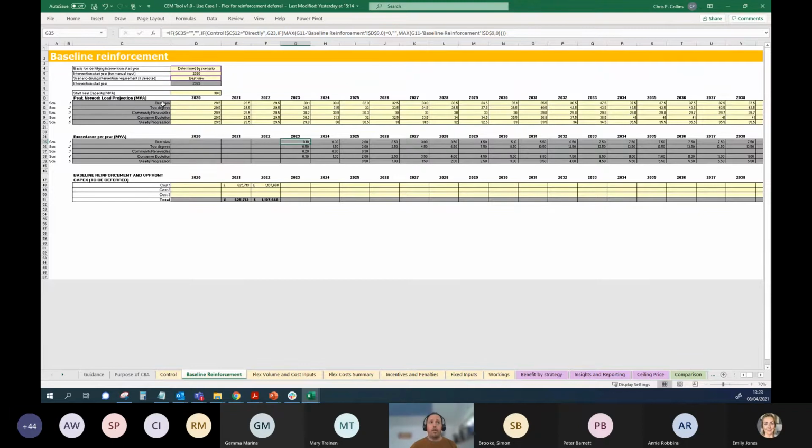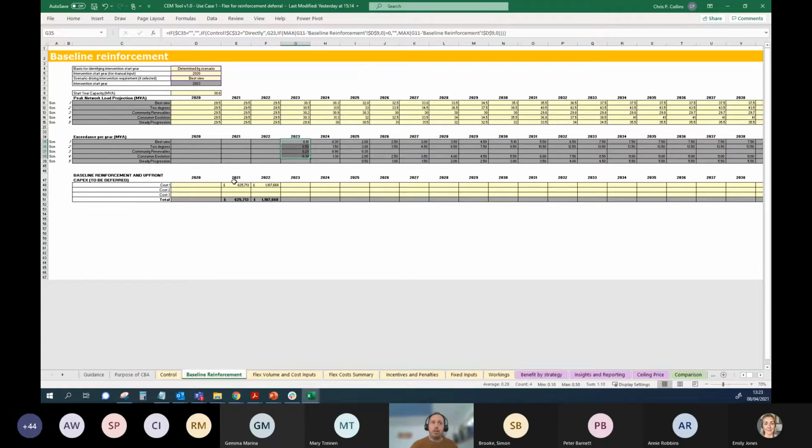For example, for a substation that has a capacity of 30 MVA, by 2023, in 4 out of 5 scenarios, the peak load exceeds the capacity of that network, so some kind of intervention is required.